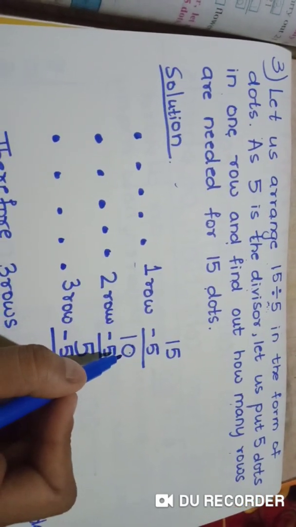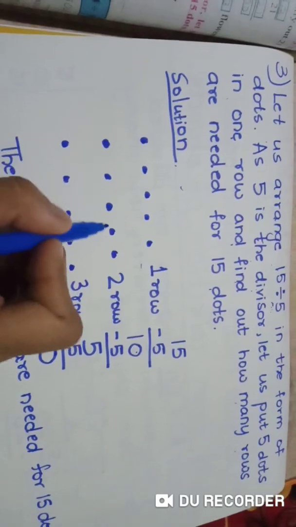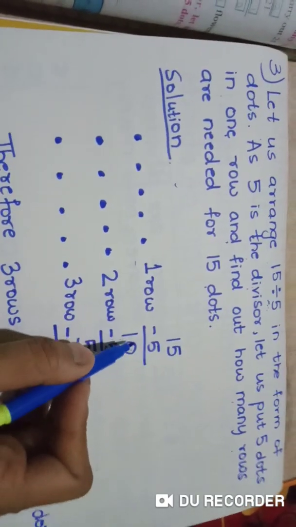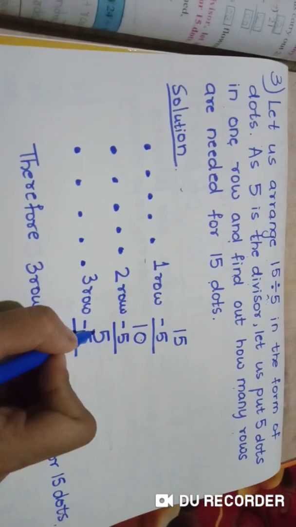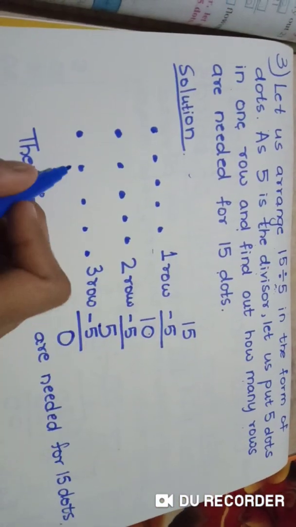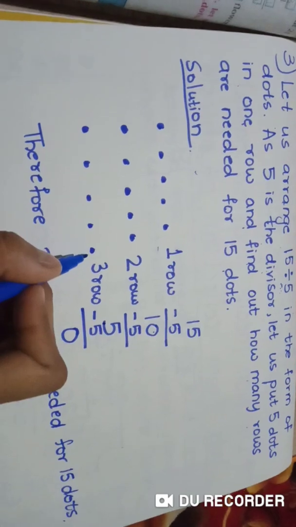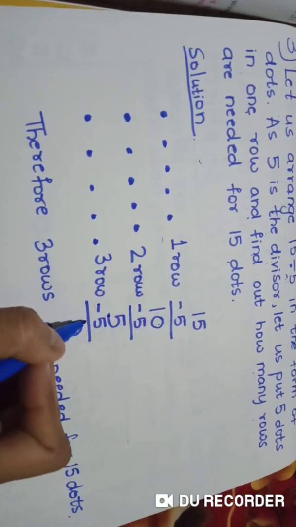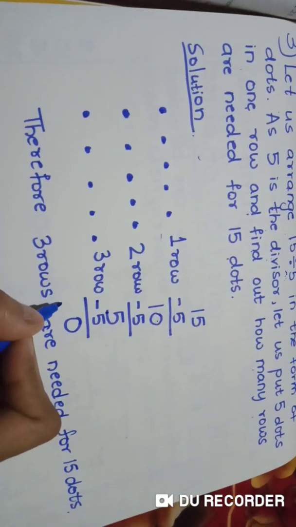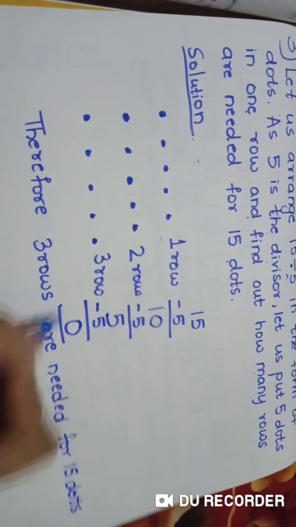Then again 5 dots in the second row. Then 10 minus 5, what is remaining here is 5. Again 5 is remaining. Therefore, again a third row of 5 dots. Then we will subtract 5 minus 5. The answer we have got here is 0.